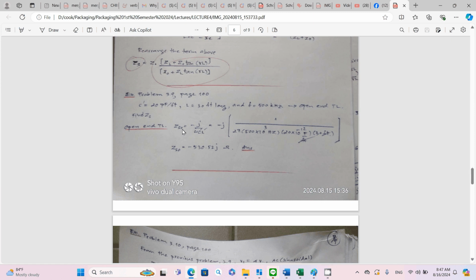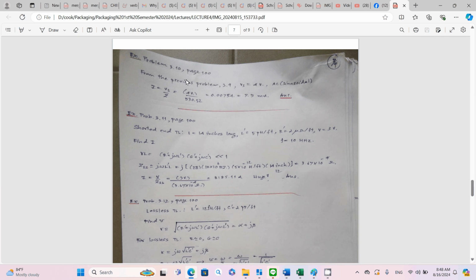Well, you just plug in the numbers into negative j over omega C prime L prime. This is the input impedance for the open-ended transmission line.